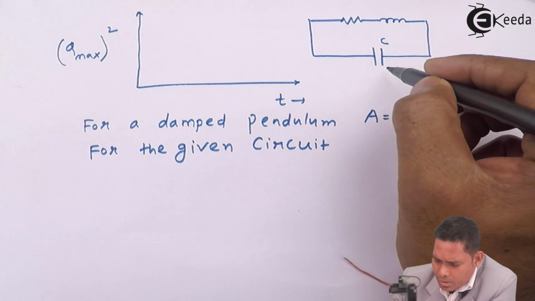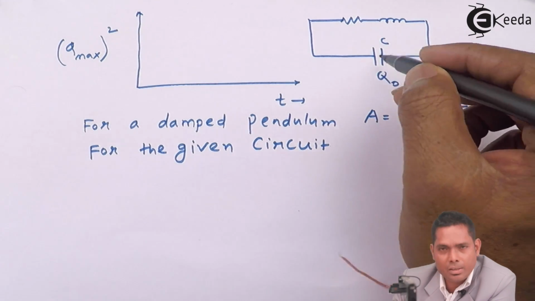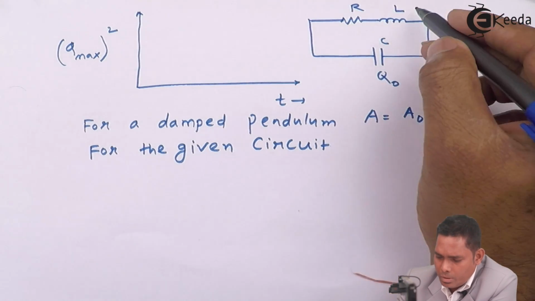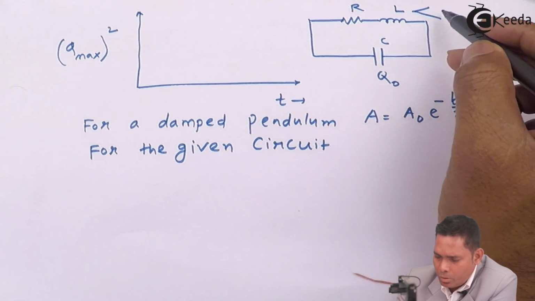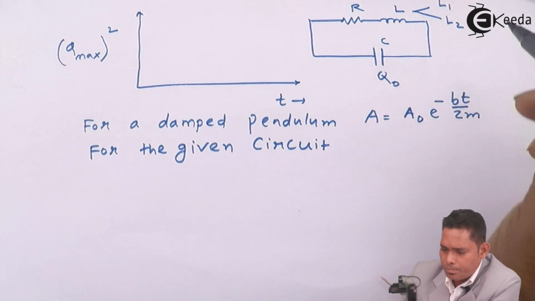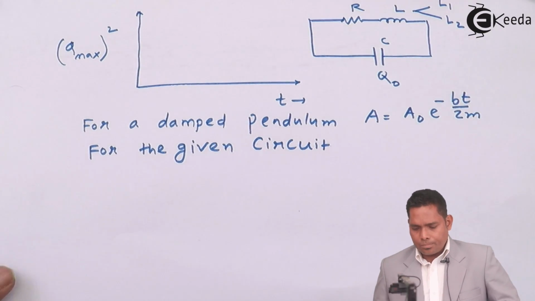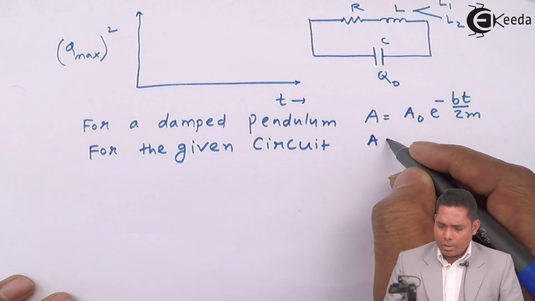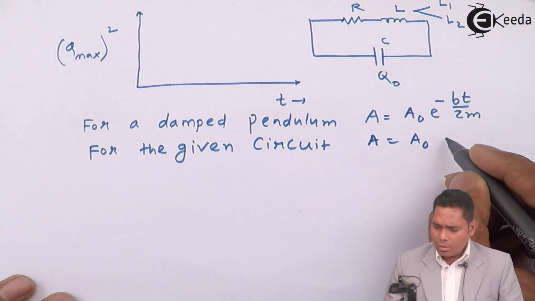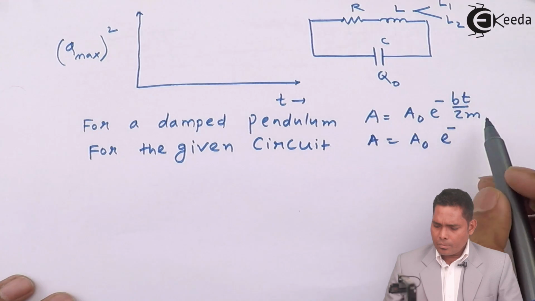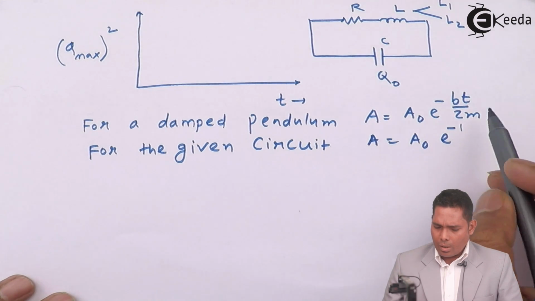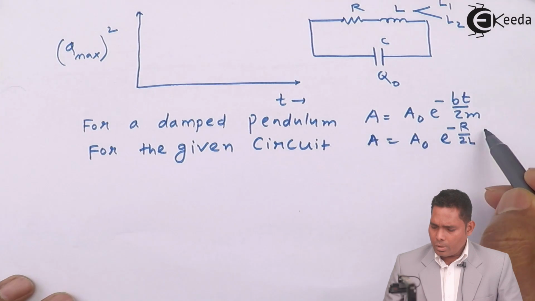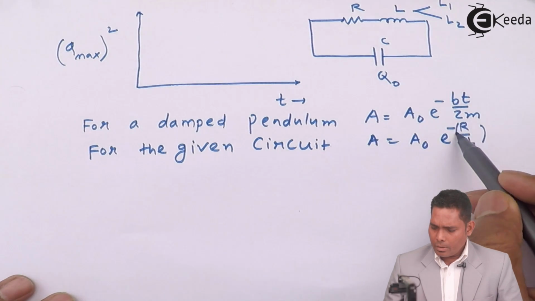This capacitor is fully charged to Q naught initially, then connected with this R and L. This L has different values, L1 and L2. Now for this given circuit, we write the amplitude A equals A naught e raised to minus R divided by 2L times t.